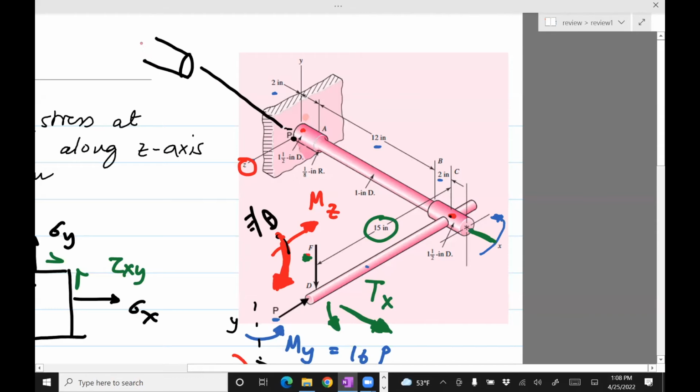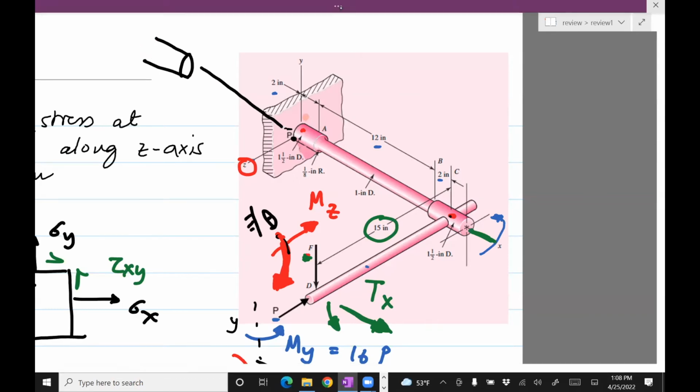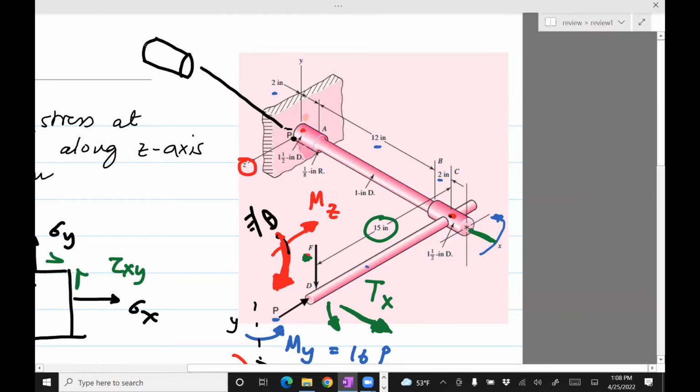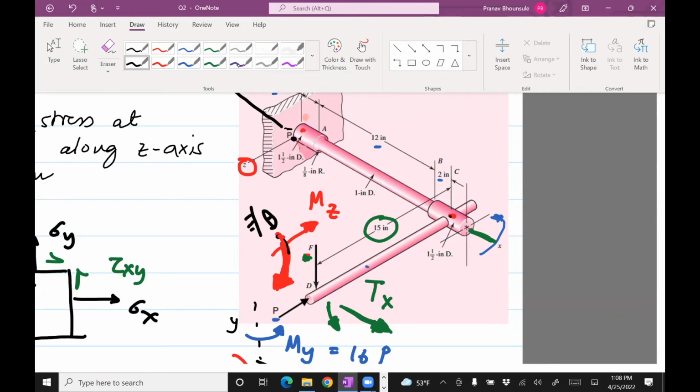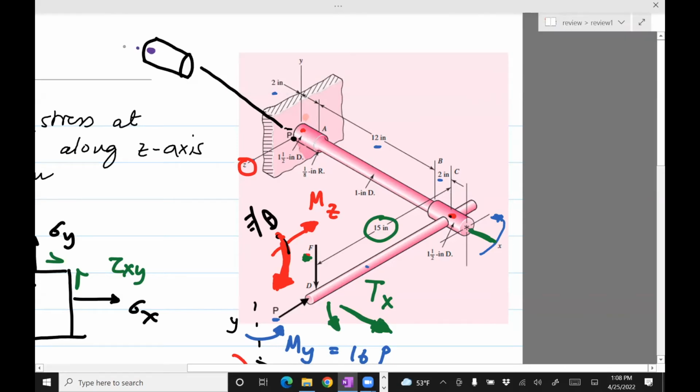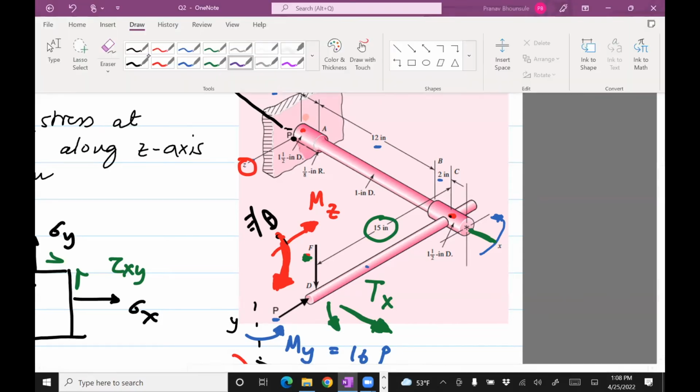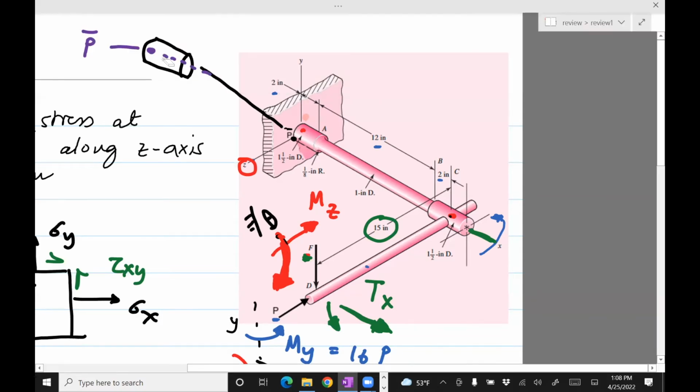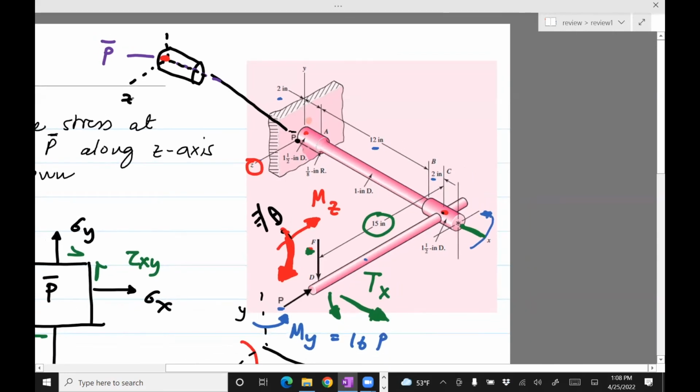It's right here. It's going to get confusing. Let me use a different color for this. What confuses me here is that there's a torque and a moment.